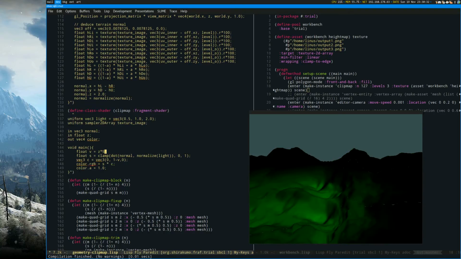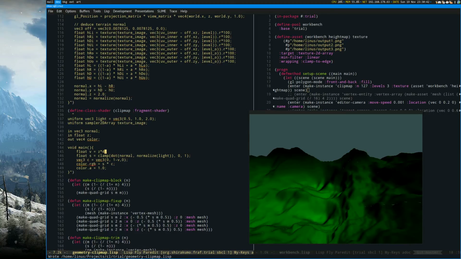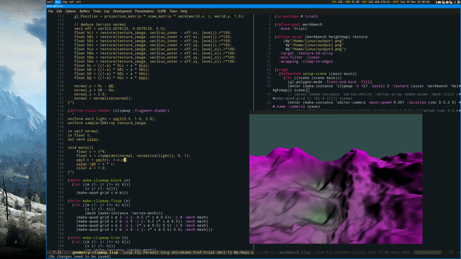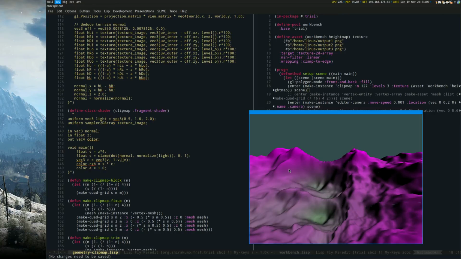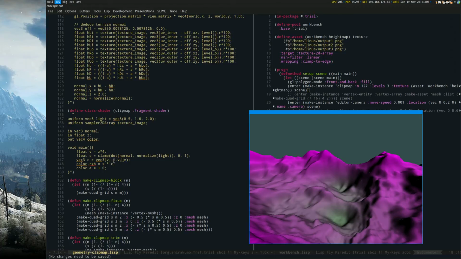It's not quite useful yet. Wait. I want it to be black at the tops, so that seems about right. Wait, why is it pink? Why is it pink? It should be white, shouldn't it? Oh no, never mind.